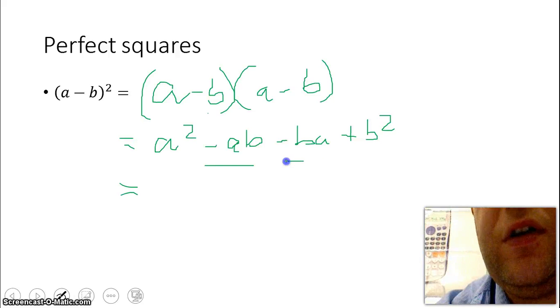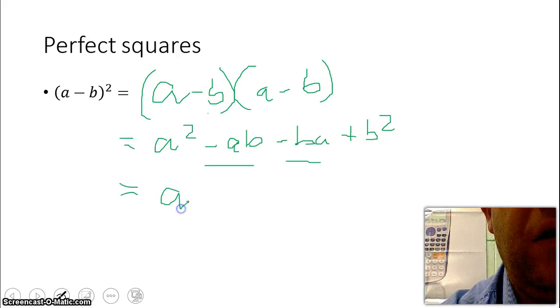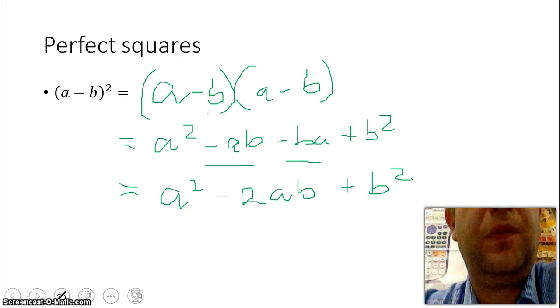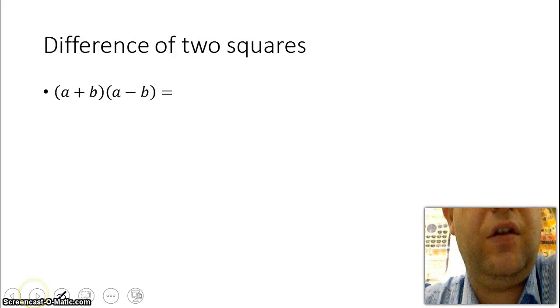Our two like terms we can add together, so we've got A squared minus 2AB plus B squared. And they're the two tricky ones.